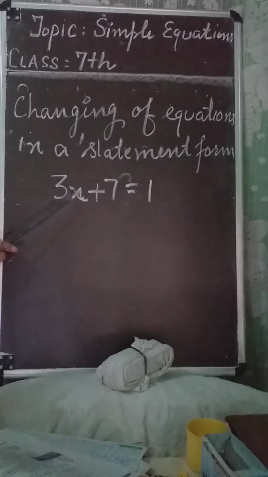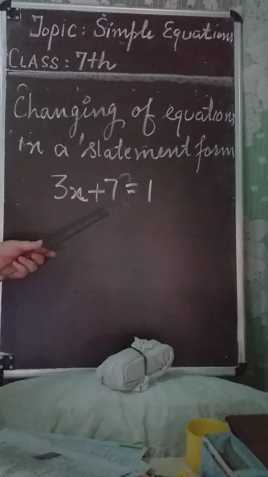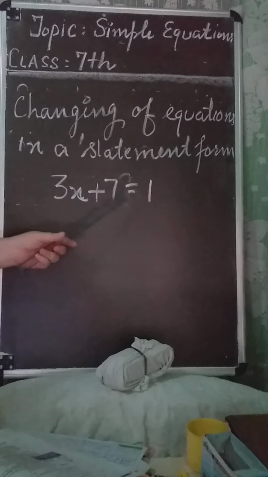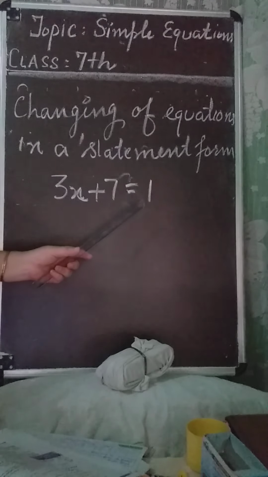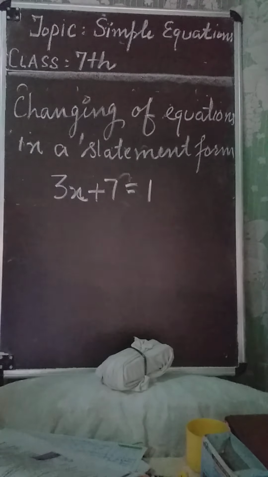Children, here it is a multiple with the variable. 3 is multiplied to the variable x, then 7 is added to it, and that is equal to 1. Now we have to change this into a statement form.